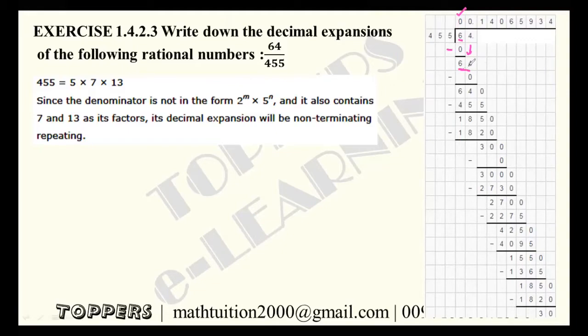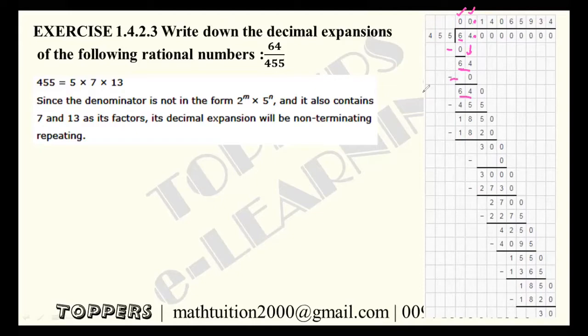How many times 455 in 64? 0 times. 0 multiplied by 455 is 0. Subtract, so we'll get 64. So nothing to bring down, so we have to put a decimal here. We can put as many zeros as we need. You have to put a decimal in the quotient also. Correct?